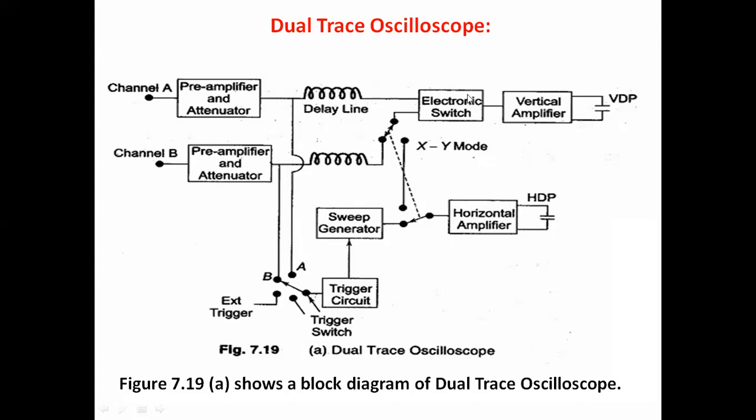Depending upon the chopping frequency of the electronic switch, which provides a certain frequency, with that frequency, for every period it will sense each signal. Suppose you consider this diagram.